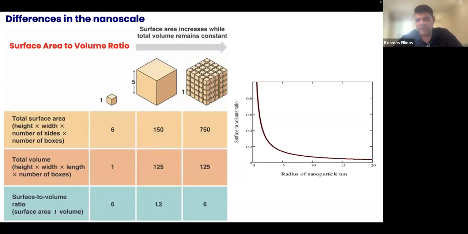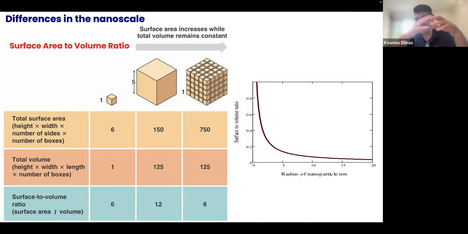Instead of having a square of 5 centimeters, let's say, if we divide it and we have multiple squares of 1 centimeter, then the surface area increases exponentially.